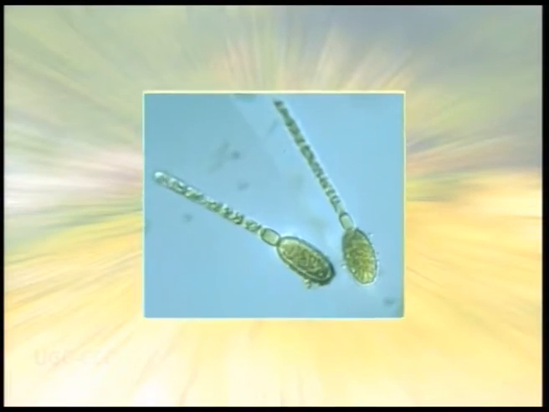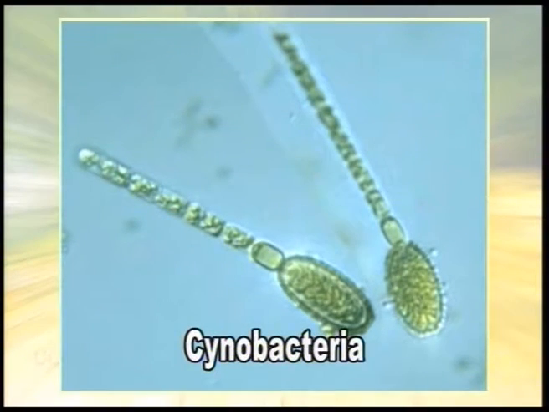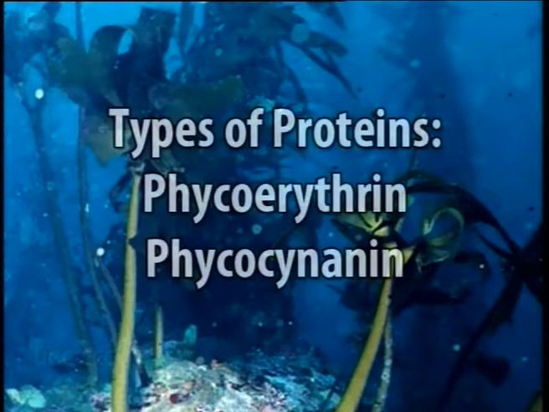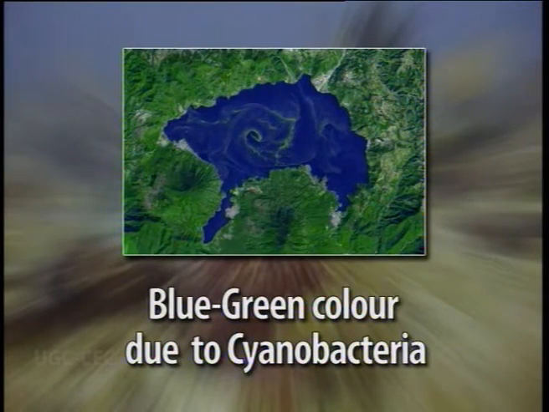These cyanobacteria have certain characteristic pigments including chlorophyll a and phycobilin proteins, which are generally of two types: phycoerythrin, what we generally also call red pigments, and phycocyanin, which imparts that blue-green color to them.